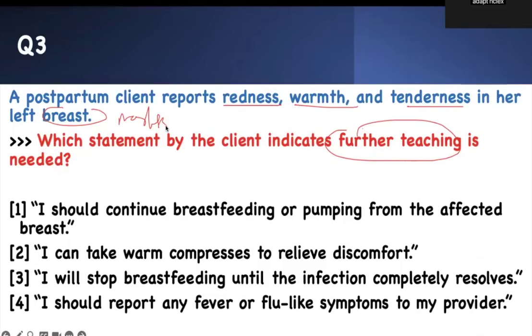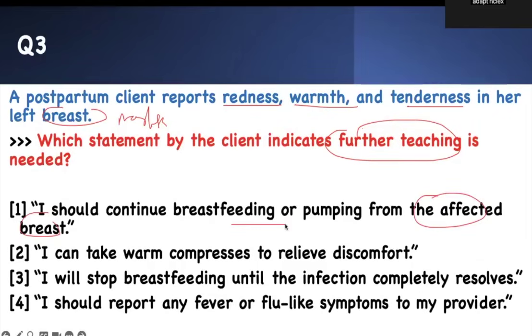Based on what your content says, if they say something contradictory to what you know, you're going to think that needs further intervention or teaching. Option 1: I will continue breastfeeding or pumping from the affected breast. That means keep on feeding the baby through that affected breast.